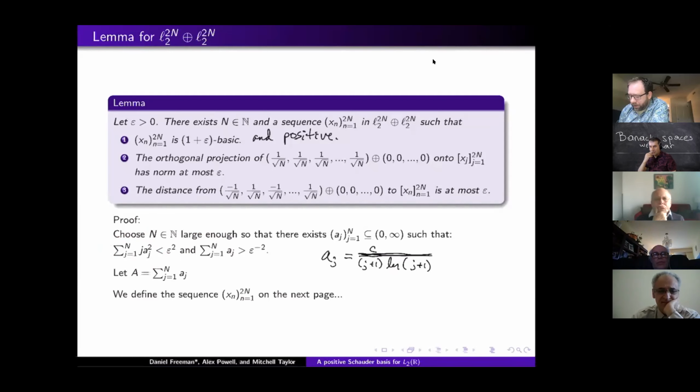Essentially you need to pick capital N big enough so that if you add up 1 over (j+1) ln(j+1), then it's bigger than this, but smaller than this. I think it's going to be exponentially large. I would expect that you could do some calculus to figure it out, but I haven't done that. Okay, thank you. Any others?